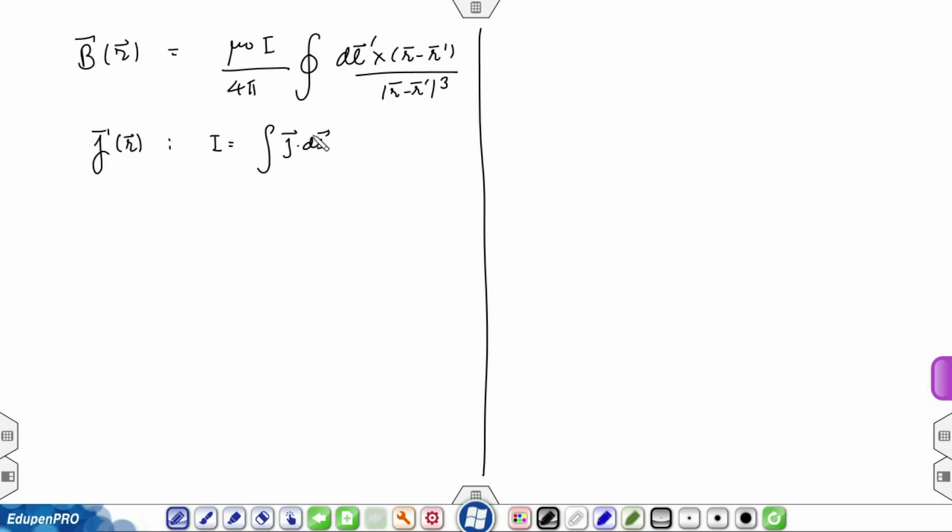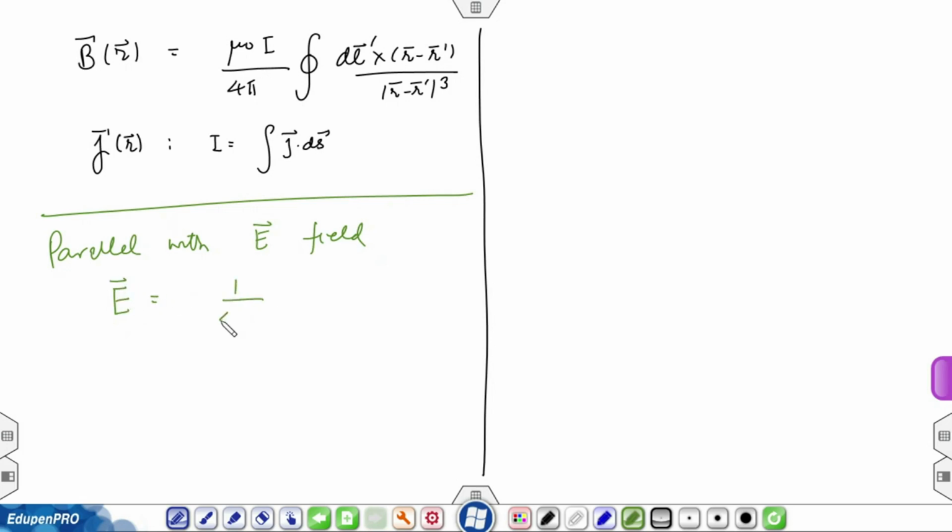Just to draw a parallel with the E field, we had E equals 1 over 4 pi epsilon 0 q (r minus r prime) over |r minus r prime| cubed, and we had charge density rho(r) such that integration rho(r) dV gave me the total charge q.